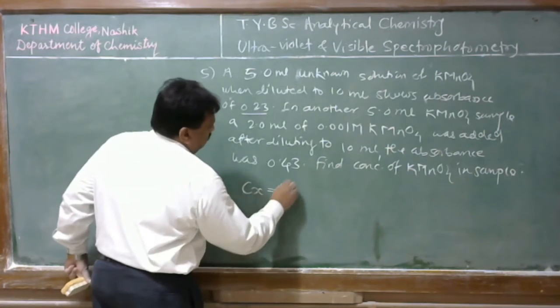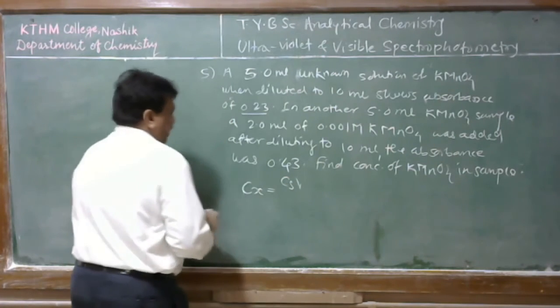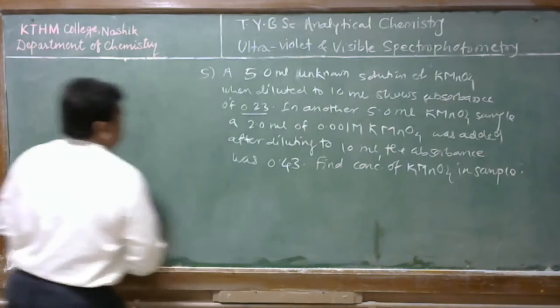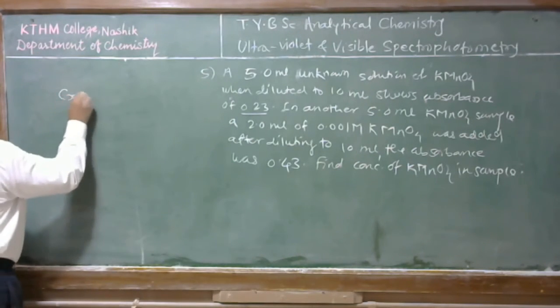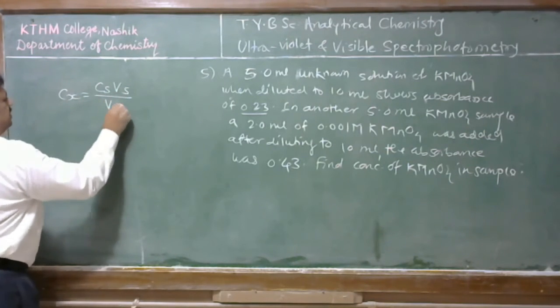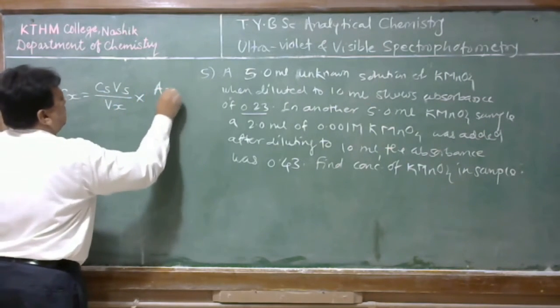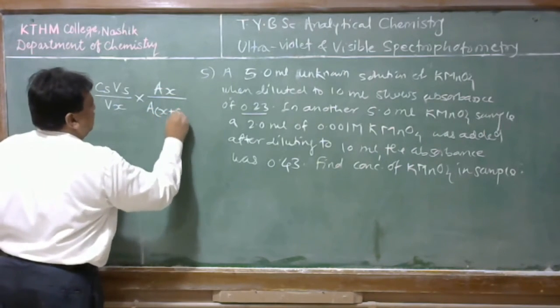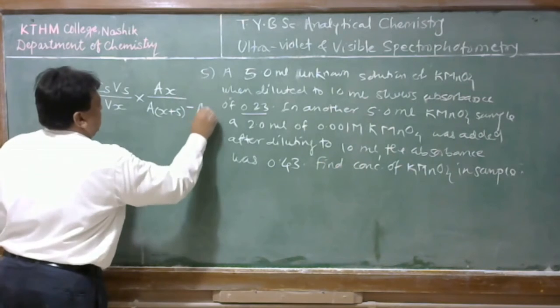Cx is equal to Cs into Vs upon Vx into Ax upon Ax plus S minus Ax.